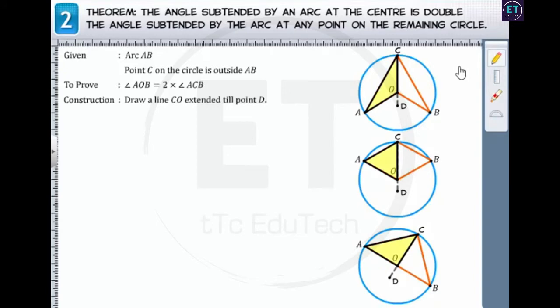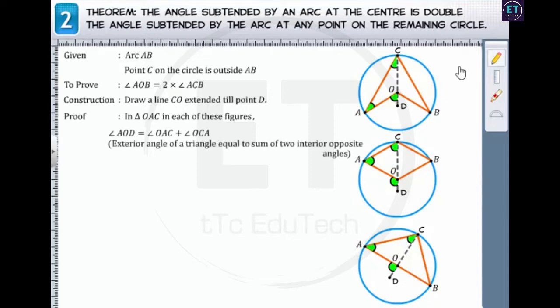Consider triangle OAC in each of these figures. In each case, angle AOD is the exterior angle of triangle OAC. Since the exterior angle of a triangle is equal to the sum of its interior opposite angles, angle AOD is equal to angle OAC plus angle OCA.